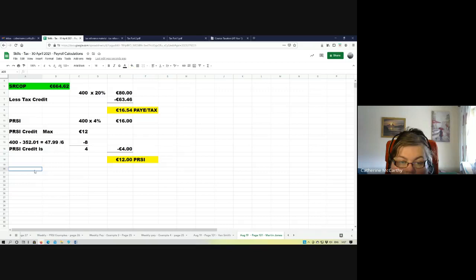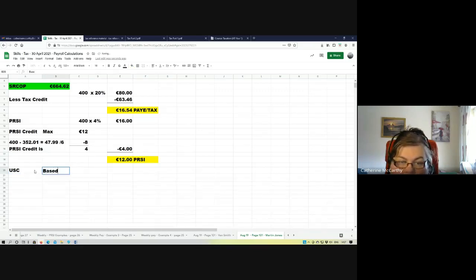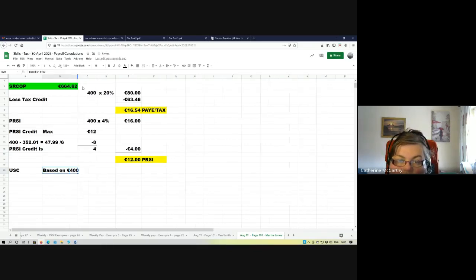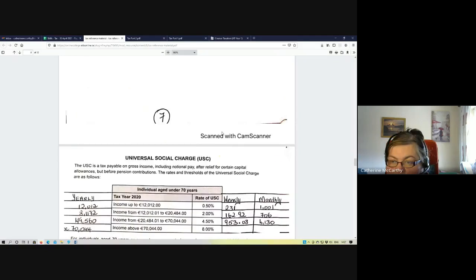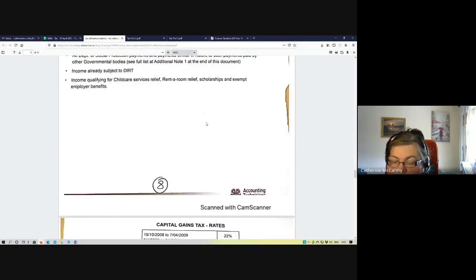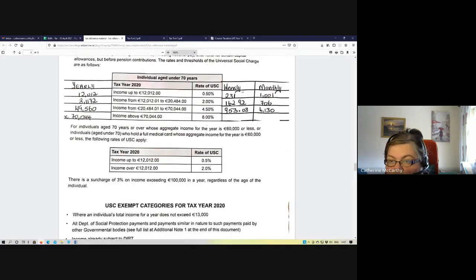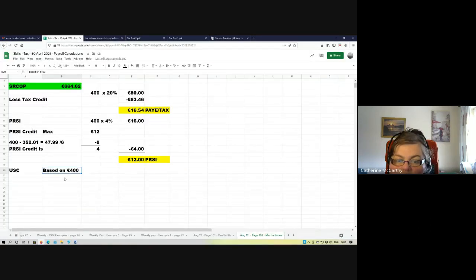Okay, and then our last job is the USC. Again, it's based on the €400. So we're on weekly, remember now this time. If I go into my tax reference material here for page 8, we have weekly, the first 231 at 0.5% and the next 162.92 at 2%.